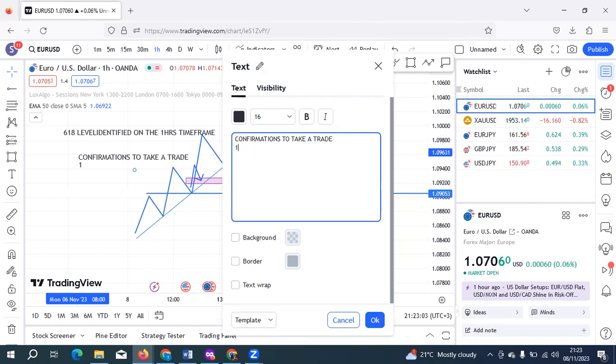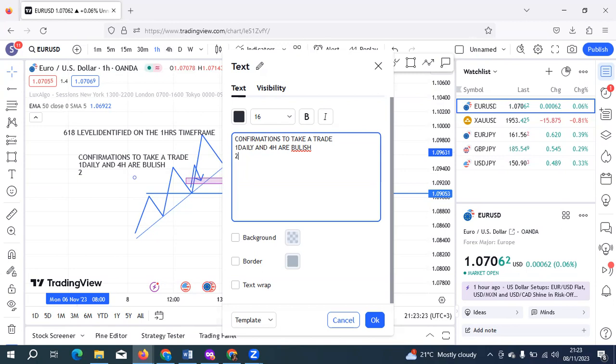One, daily and 4H are bullish. Let's say we want to take a buy. This is what you want to see: on daily and 4H, bullish.